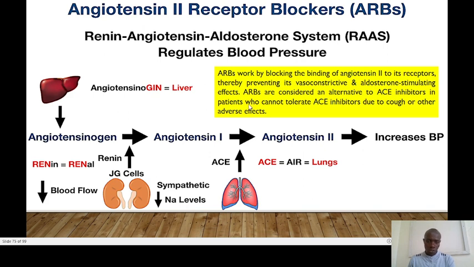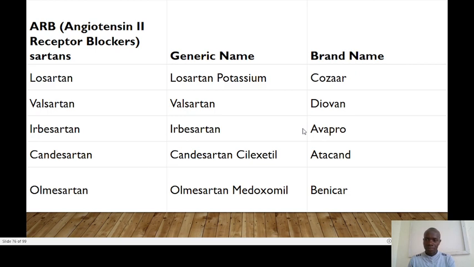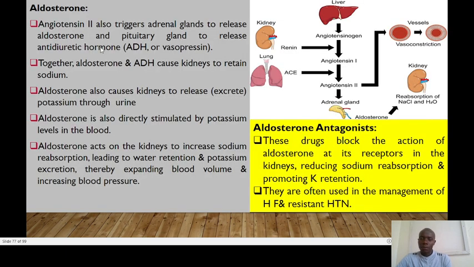Examples include losartan, valsartan, irbesartan, candesartan, olmesartan. So they are referred to as the Sartans, angiotensin receptor blockers.